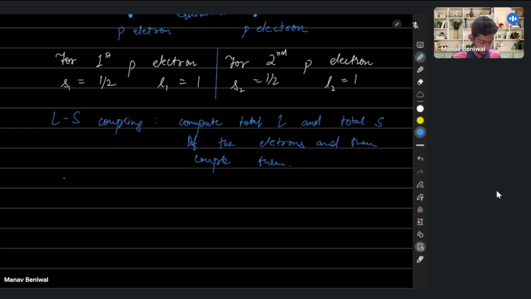So our total S will be S1 plus S2. Okay, so S goes from S1 minus S2, which gives us 0, to S1 plus S2, which gives us 1. Similarly total L goes from L1 minus L2 all the way up to L1 plus L2. Okay, so this will then be 0, 1 and 2.